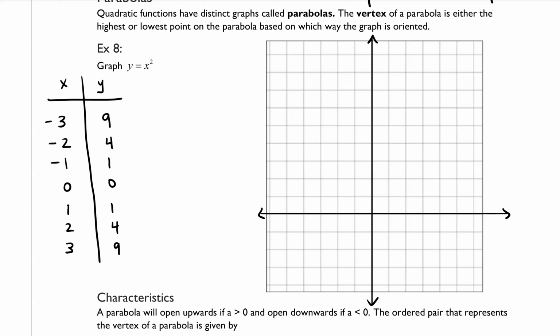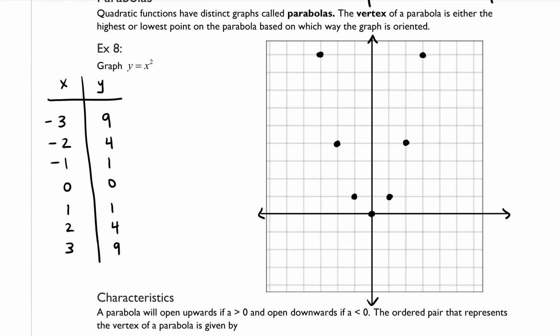So 1, 2, 3, 4, 5, 6, 7, 8, 9. That would be right there. And again, it's mirrored. So when I plug in positive 3, my output's also going to be 9. When I plug in negative 2, my output is going to be 4. When I plug in negative 1 and positive 1, the output is both 1. And then if I plug in 0, the output is 0.